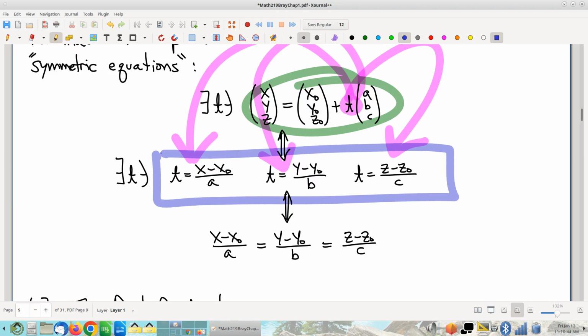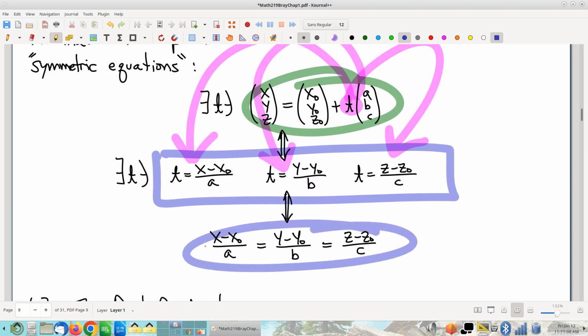So, dumb example: is there a value of t that equals 4 and 6 and 7? No, don't be ridiculous. Is there a value of t that equals 4 and 4 and 4? Why, yes, there is. It's 4. So that's all that's going on here. I just need to know that these 3 things are equal to each other.